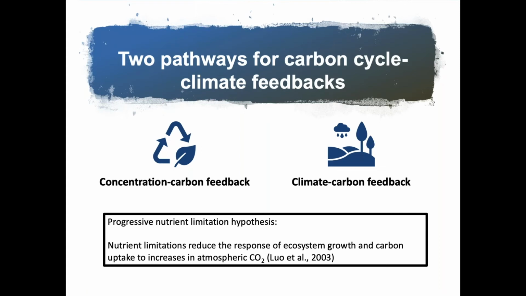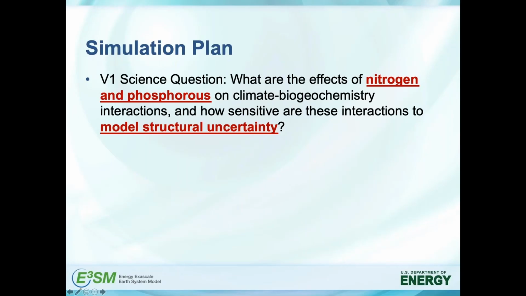And so you would have a weaker feedback between CO2, the carbon cycle, and climate as a result of this progressive nutrient limitation hypothesis.